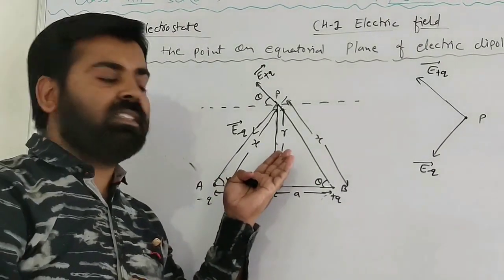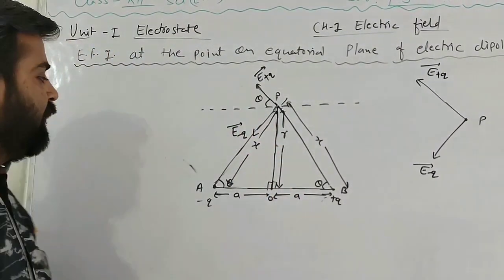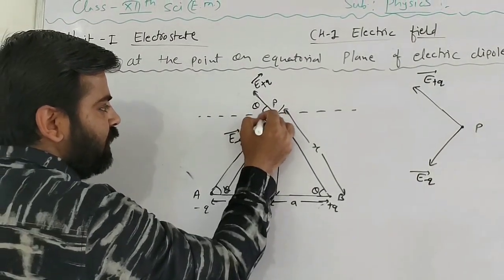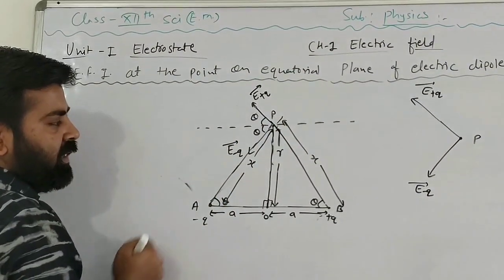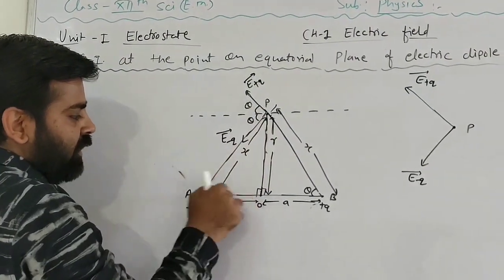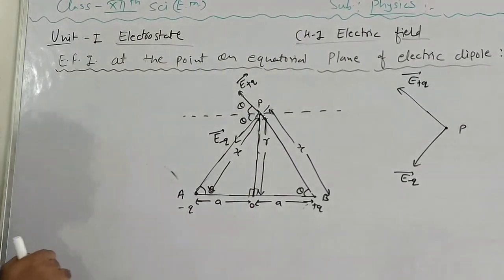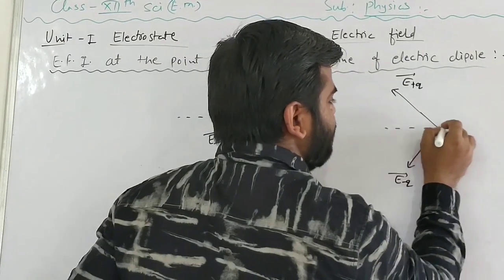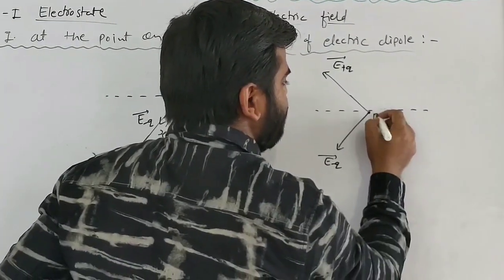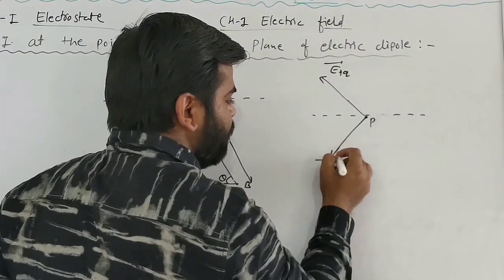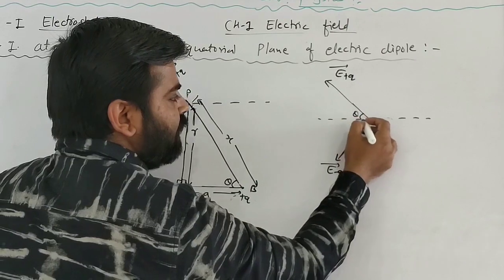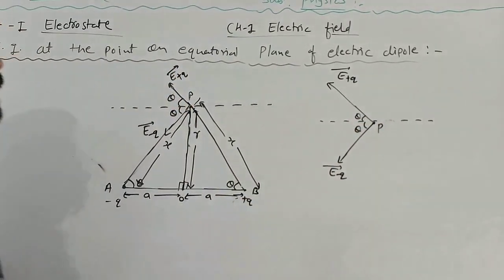Which angle? Corresponding angle. This is theta angle, so this angle is also theta, which is an alternate interior angle. Now we resolve the components of E plus Q and E minus Q. This angle is theta and this angle is also theta.